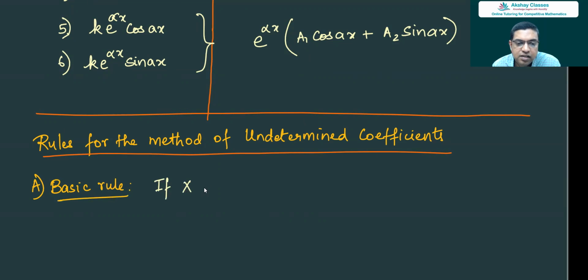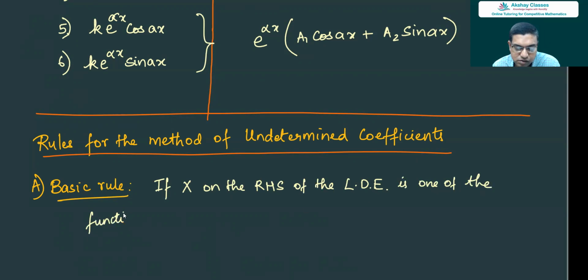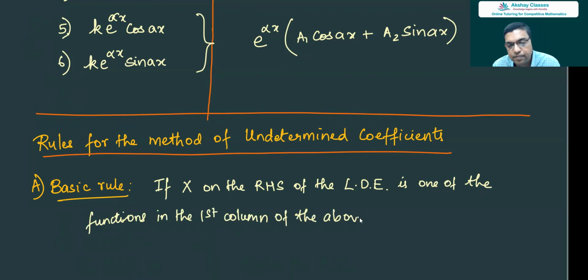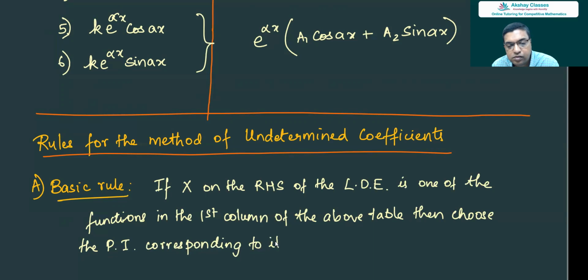If X on the RHS of the LDE, the linear differential equation, is one of the functions in the first column of the above table, then choose the PI corresponding to it in the second column.